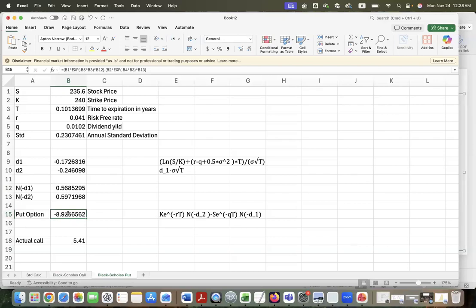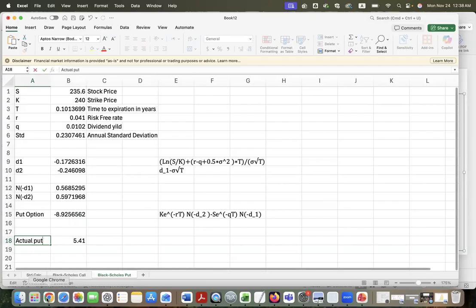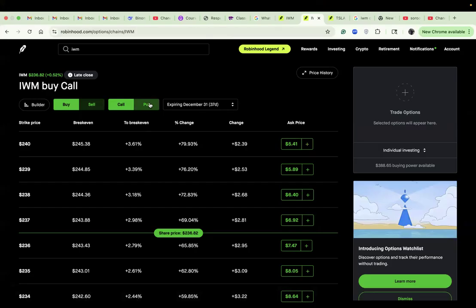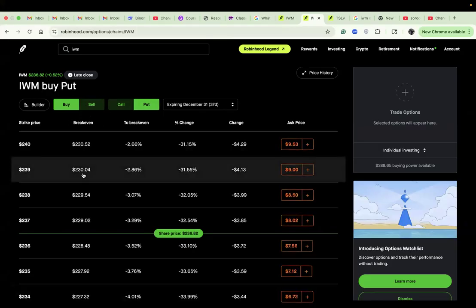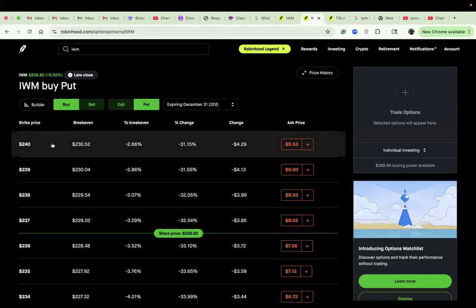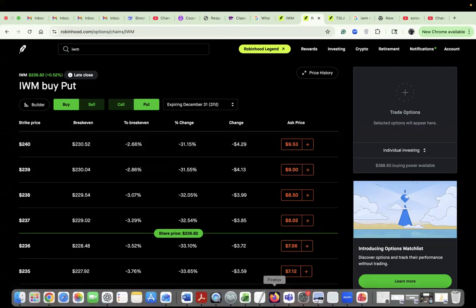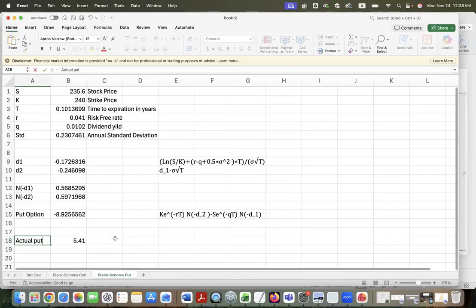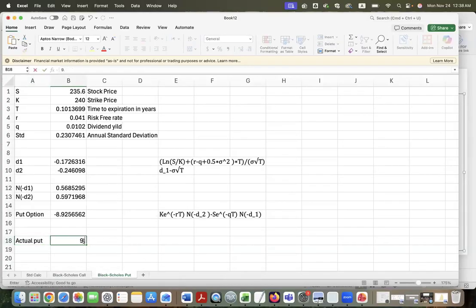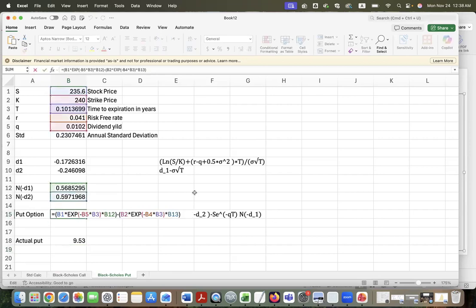So the formula is this, actual puts, and I can take a look at the actual put price. The put actually for 240 is 9.53. Okay, let's calculate this. So the formula tells us what?